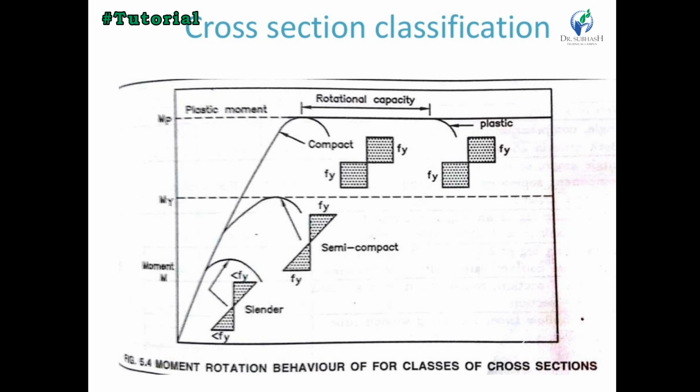What is compact? A cross section which can develop the plastic moment to resist but does not have the capacity to rotate against local buckling.